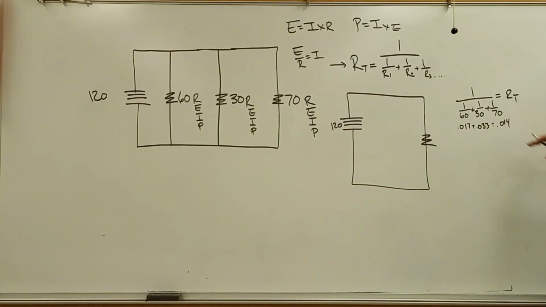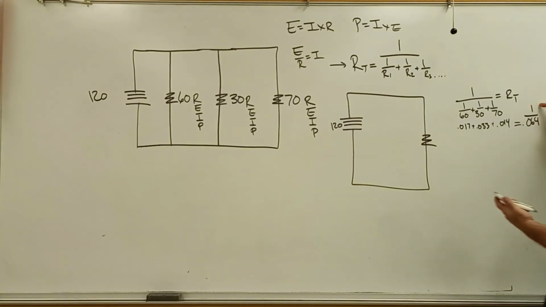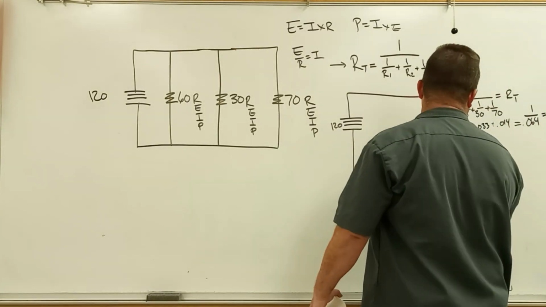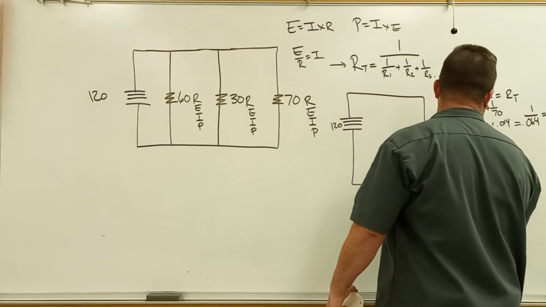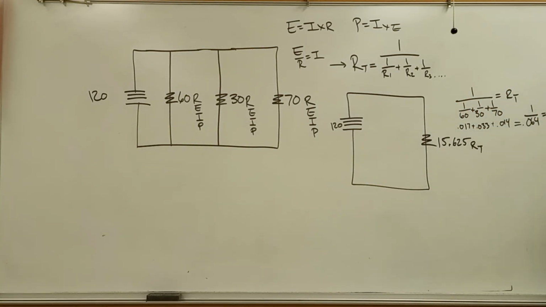I'm going to add up all of those values. 0.017 plus 0.033 plus 0.014 equals 0.064. 1 divided by 0.064 equals 15.625. What is that? That's my resistance total of the circuit.